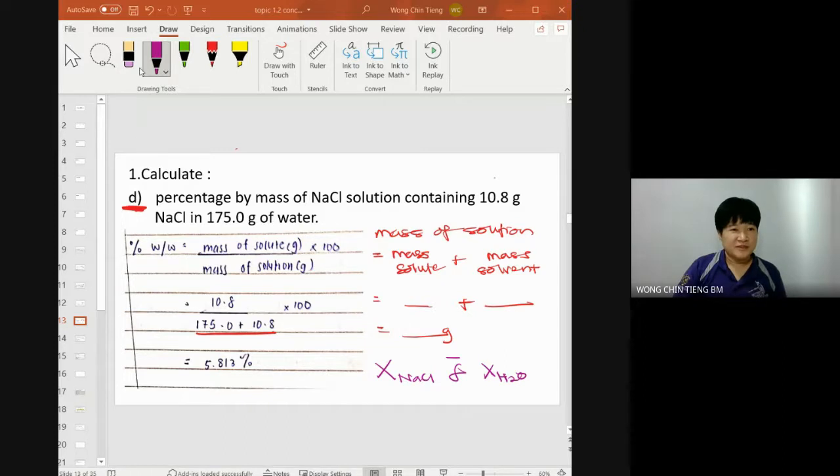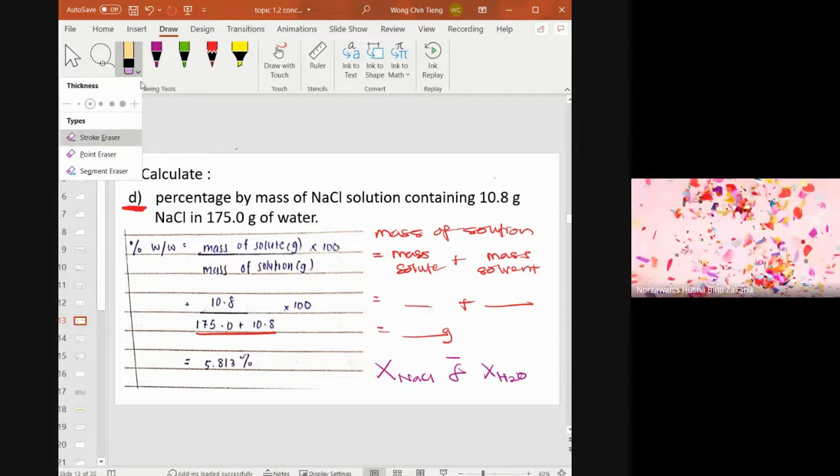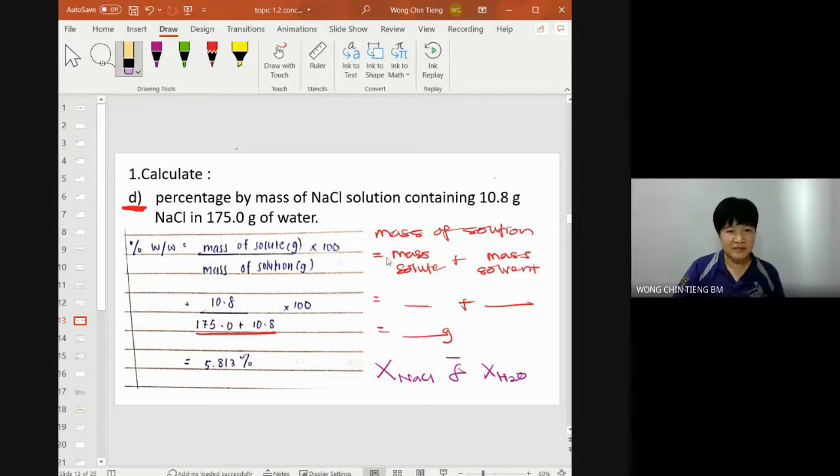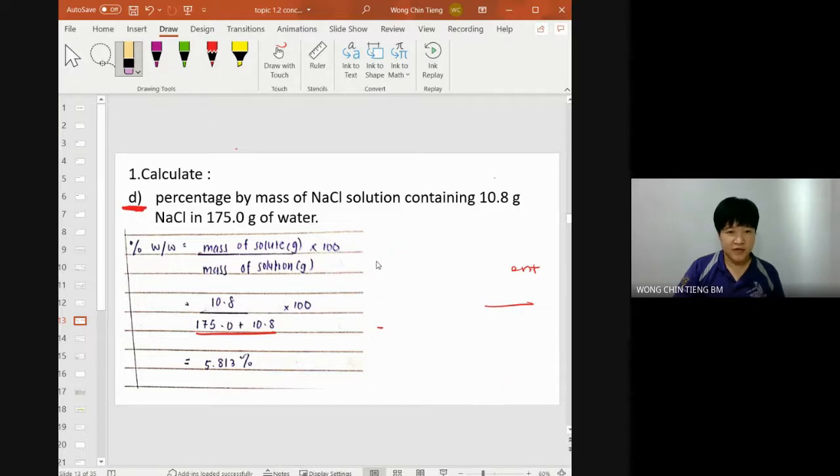So, from the mole fraction, I want Zawanis's answer. WhatsApp. No, I haven't finished yet. It's easy. I want mole fraction of NaCl and H2O.